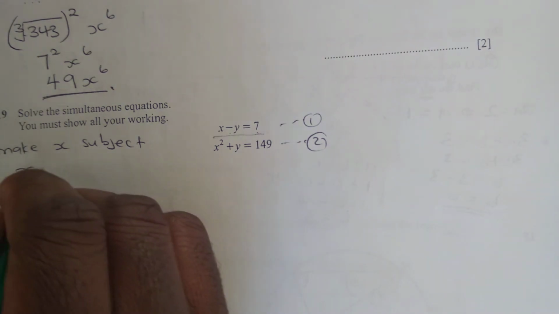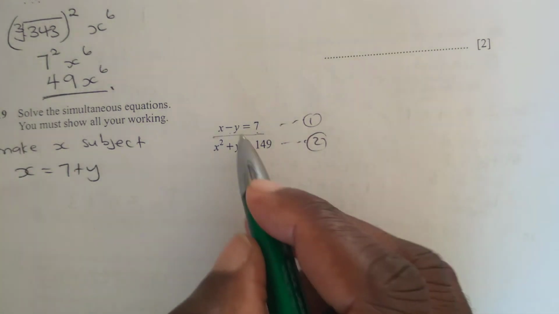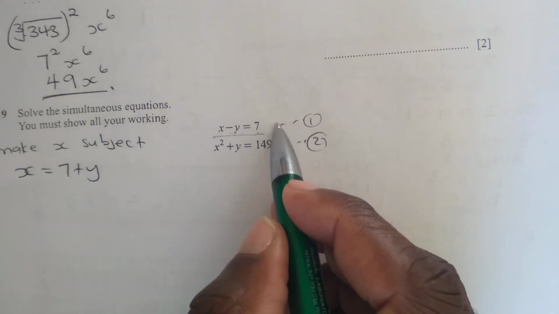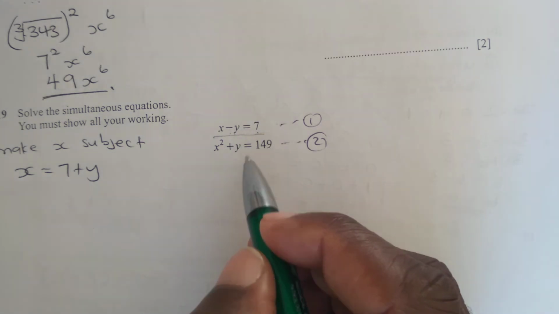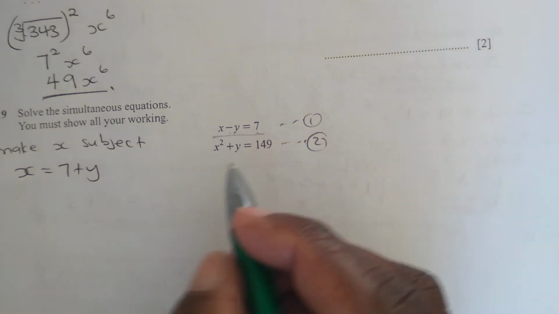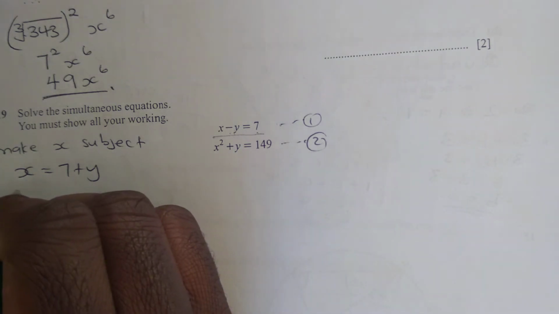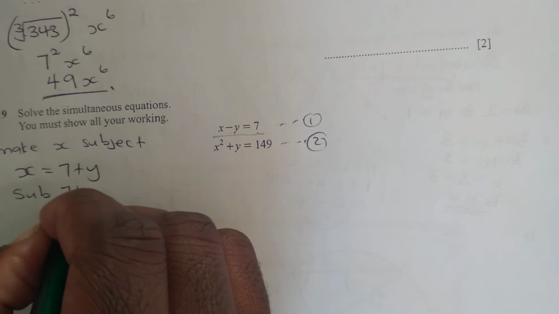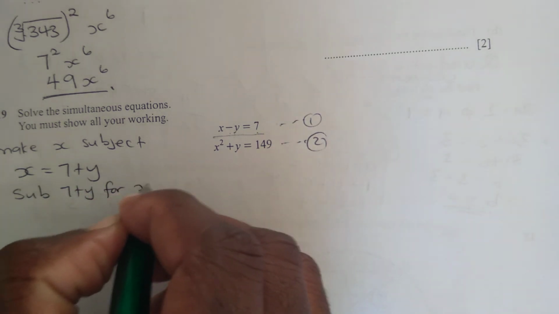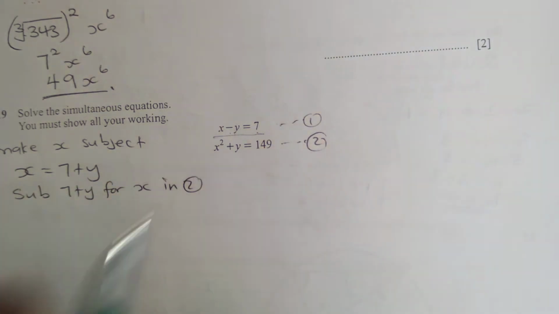So x is equal to 7 plus y. If you take this y to the right, you remain with x, and the right hand side becomes 7 plus y. Then you substitute 7 plus y for x in equation 2.